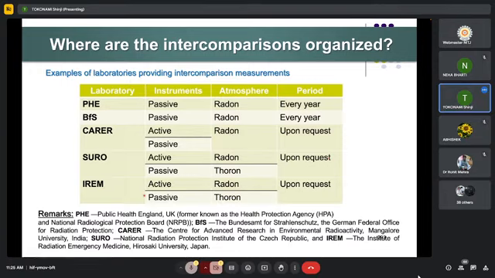At our institute, we can offer active and passive instrument tests with both radon and thoron atmospheres. Upon request, we can make an intercomparison.